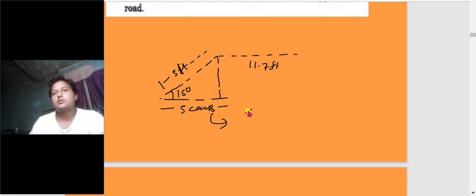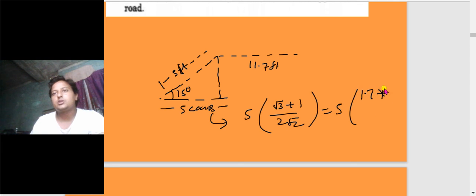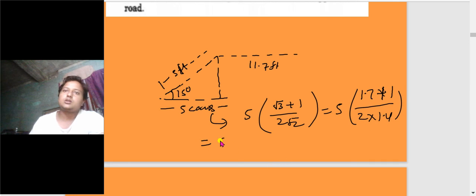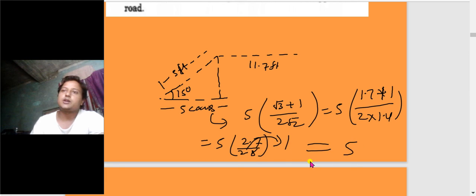What is 5 cos 15? Cos 15 is root 3 plus 1 over 2 root 2. 5 multiplied by root 3 is 1.7 plus 1 over 1.4, that equals 5 multiplied by 2.7 by 2, which is approximately 1. So this is 5.